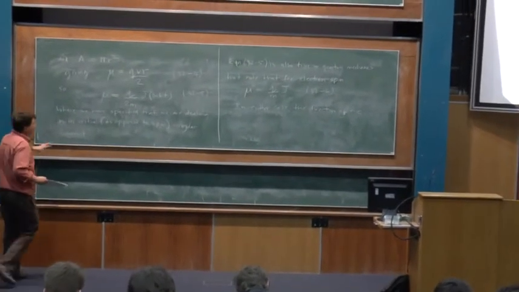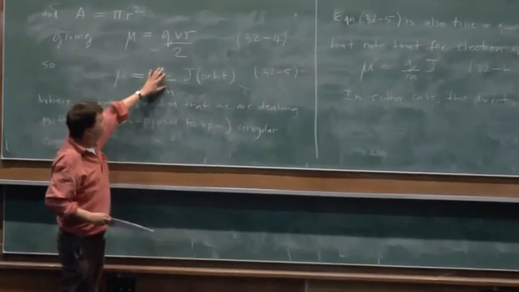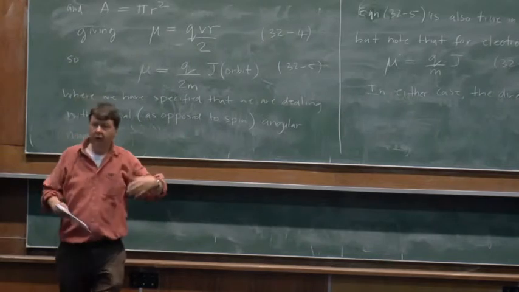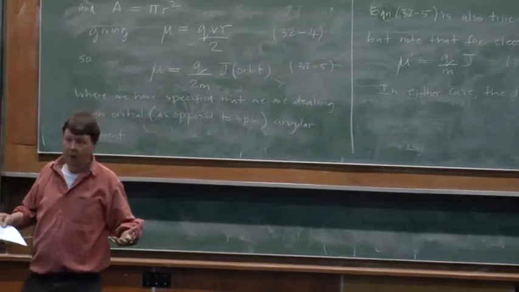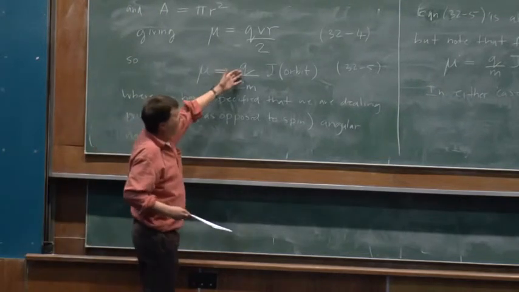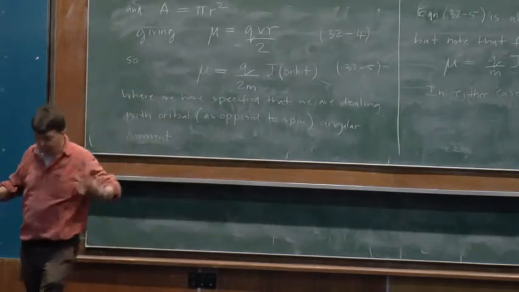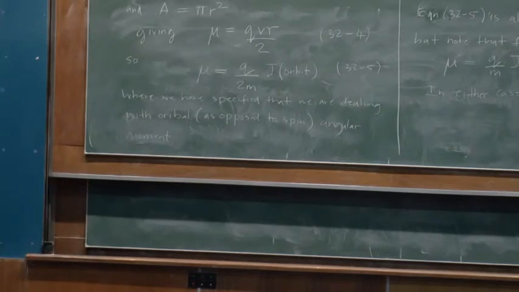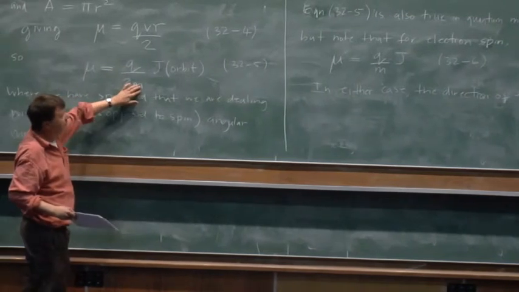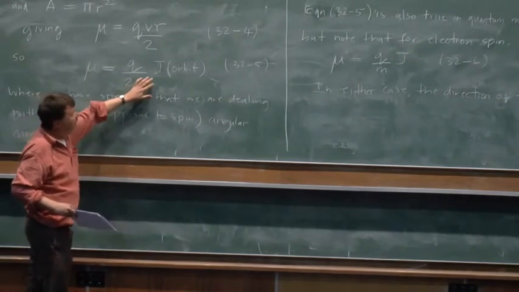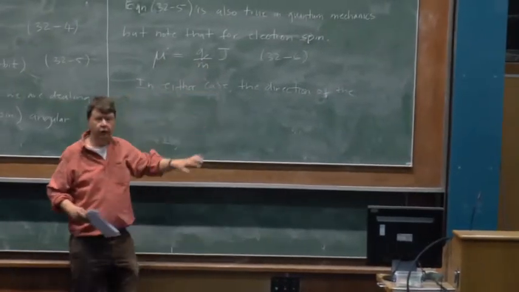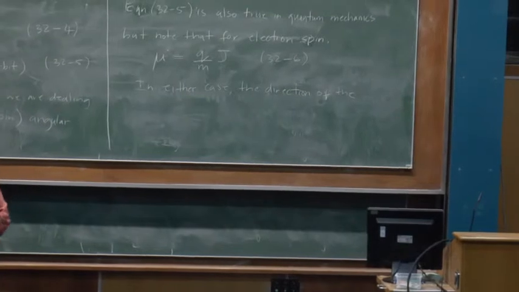Classical mechanics always gives us Q over 2m, and of course the charge to mass ratio of the electron, many of you will have measured in first year laboratories. This is a well-known constant, typically around, if you did a good experiment, 1.8 times 10 to the 11 coulombs per kilogram. But we have no classical basis for understanding why we have this factor of 2 missing when we look at electron spin.